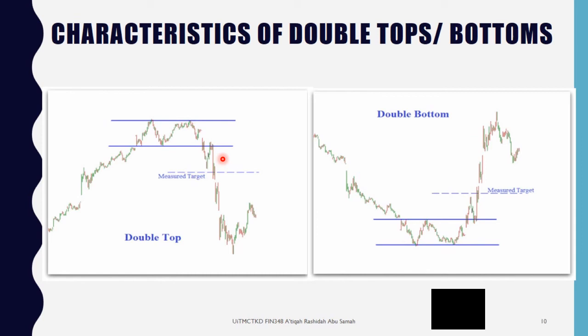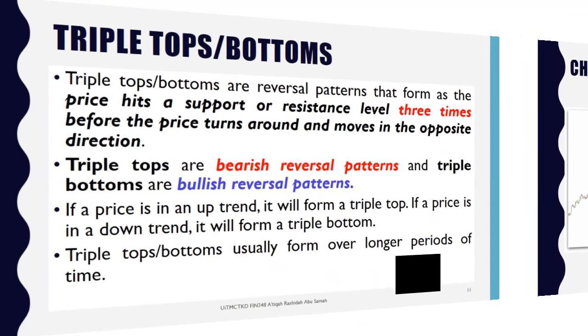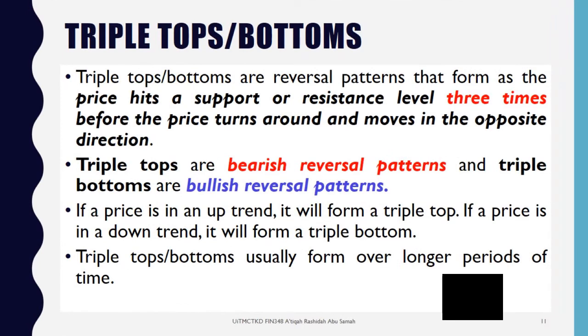Okay, so this is an example of double tops or double bottoms in a graph. You may see that the point touches the line. The top touches the line. All right, now we go to the triple tops and bottoms.